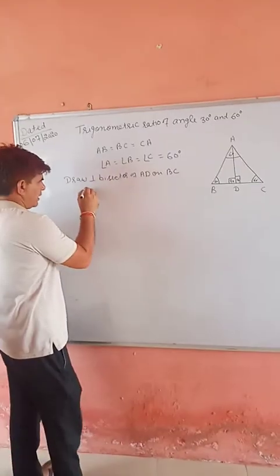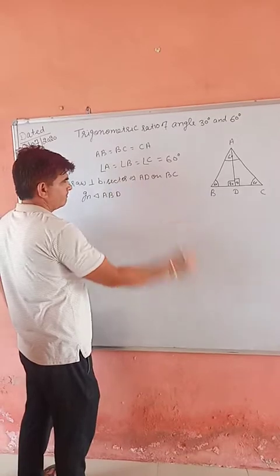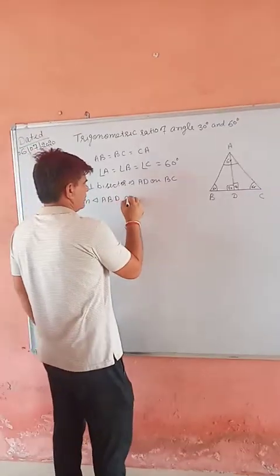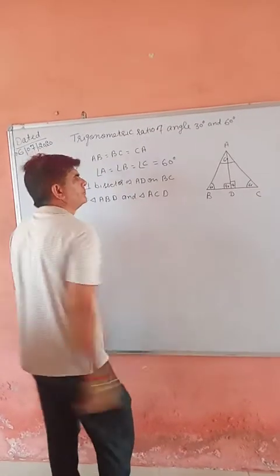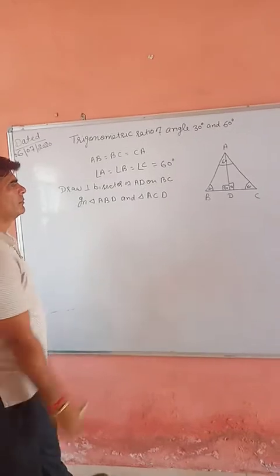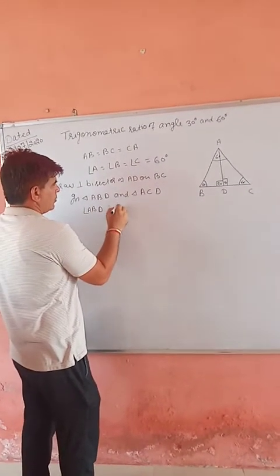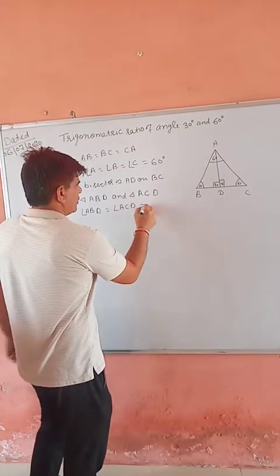So in triangle ABD and triangle ACD, angle ABD equal to angle ACD is equal to 60 degrees.